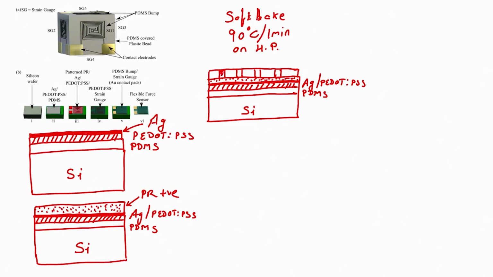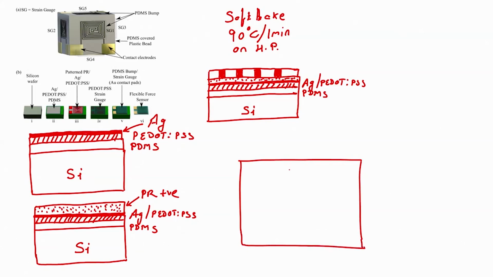So, if I load the mask, what kind of mask do I have? I have a bright field mask, correct. I have a bright field mask because I want to form a strain gauge. So, the pattern on the mask should be like this. You see a 5-inch mask, because our wafer is 4-inch, we have a 5-inch mask.